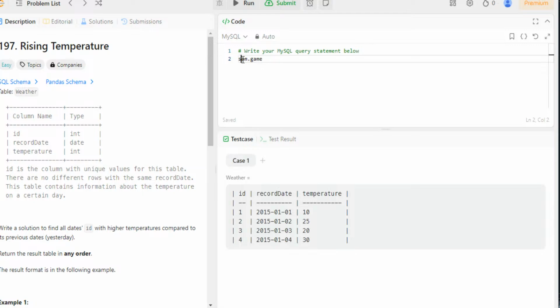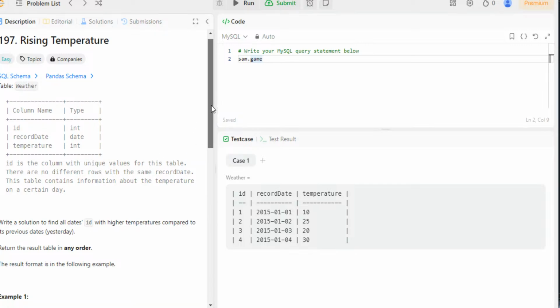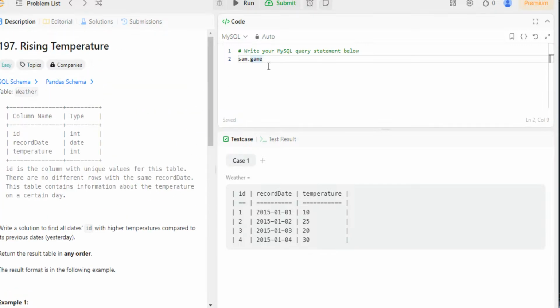So database, table. Get in the habit of saying table, not database, all right? Because when you go into a database and have tables that you're going to interact with, you're going to need to do it with dot notation. All right. So this is just where I start.